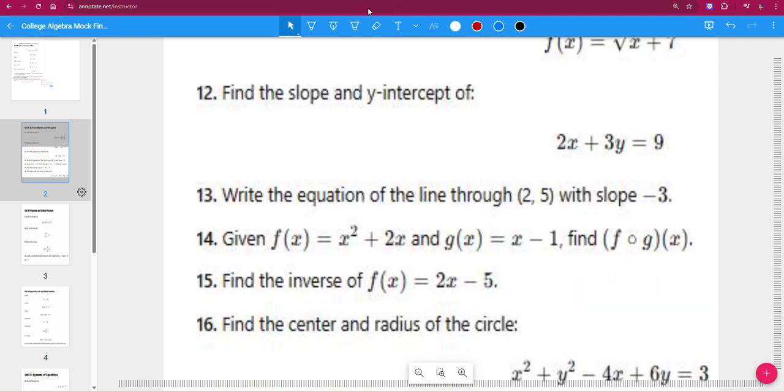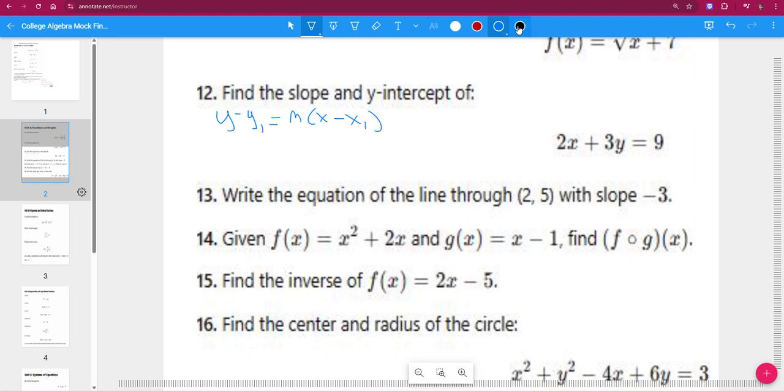Number 13, you can use point slope form. Write the equation of a line through (2, 5) with a slope of -3. So remember, point slope form: we're working on number 13, but I would be working on another sheet of paper. So y minus y1 equals m times x minus x1.